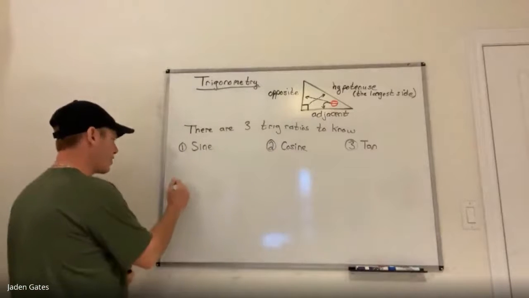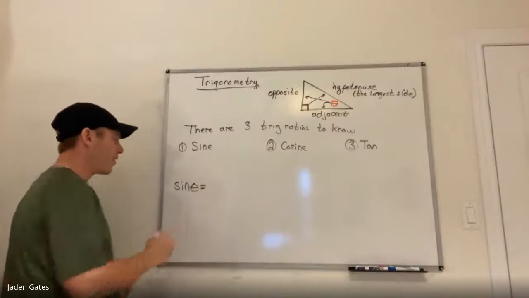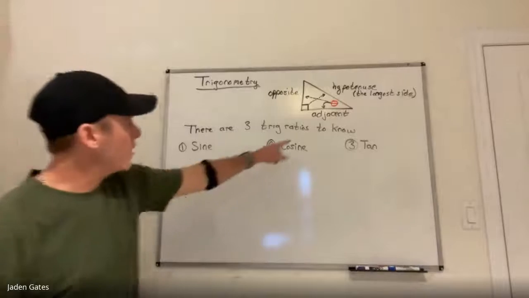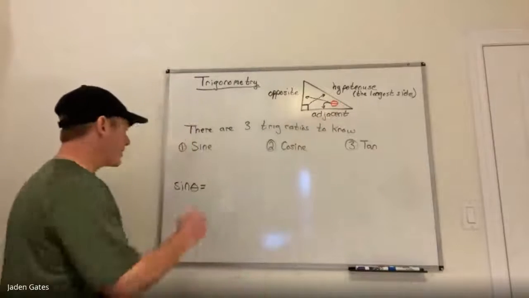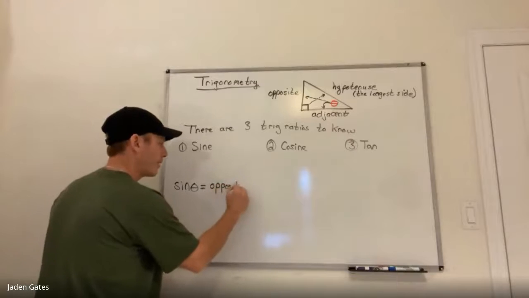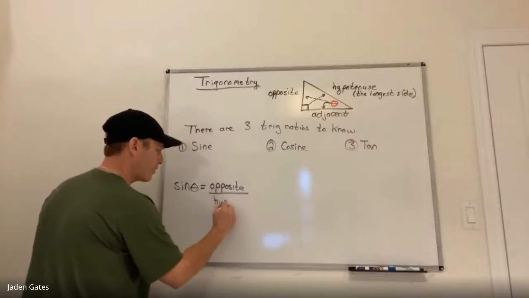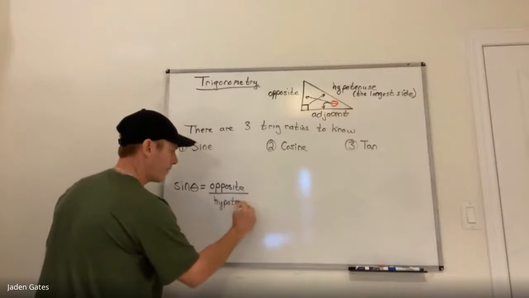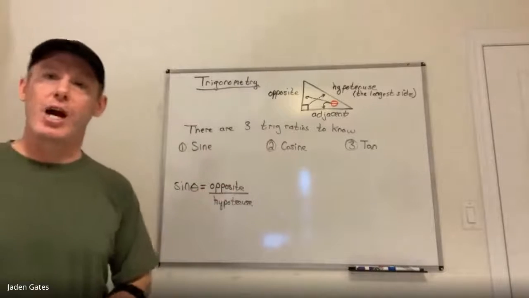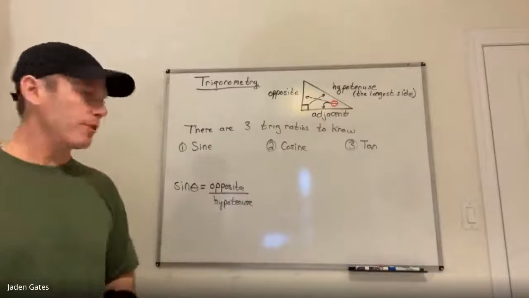This sine ratio, and I write it as sine theta, looking from that angle theta, is you take the opposite and you divide it by the hypotenuse. That's the ratio or the fraction that the sine ratio represents. Take the opposite side and divide it by the hypotenuse.